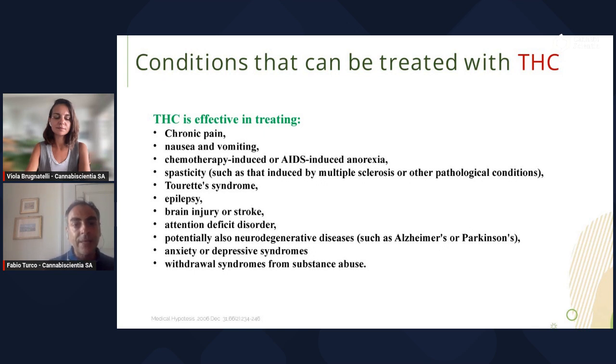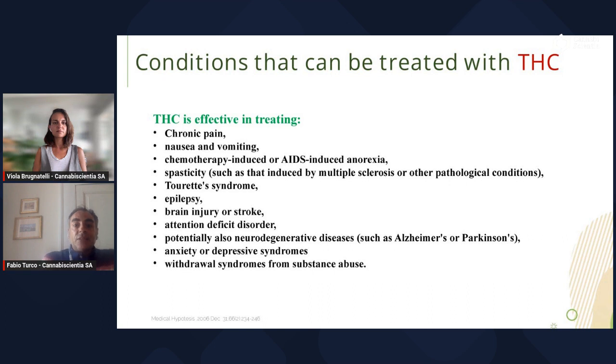It's useful against spasticity, such as that induced by multiple sclerosis, because CB1 receptors are localized in the centers that regulate motor coordination, both in the brain and in the spinal cord. It can be effective in treating Tourette syndrome.